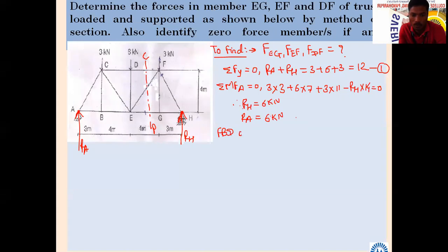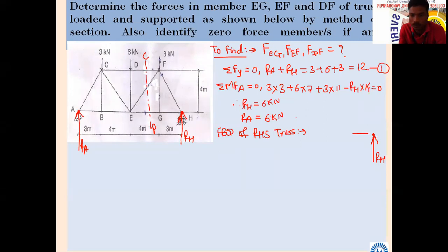So FBD of RHS truss, I will say RHS truss. Okay, so I will draw here. Let us see what will happen. RH. Then what is that?